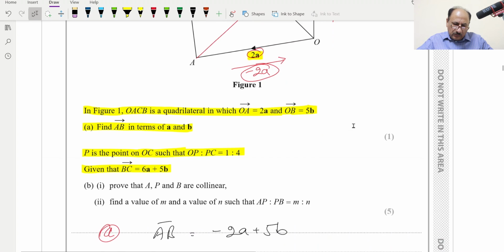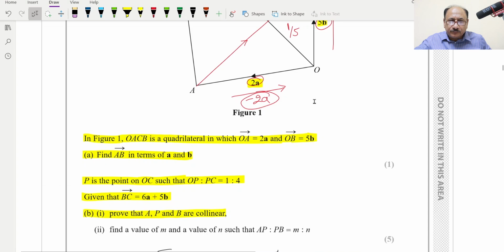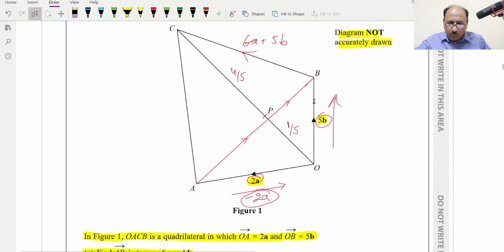And we have to prove in part B part 1 that A, P and B are collinear. So we have to prove that they are collinear to each other. First of all, we will check for OC.